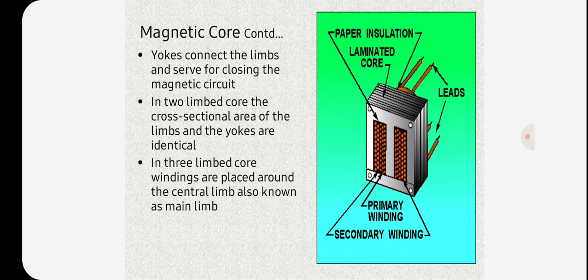In two-limbed core, the cross-section area of the limbs and the yokes are identical. In three-limbed core, the windings are placed around the central limb, also known as main limb.